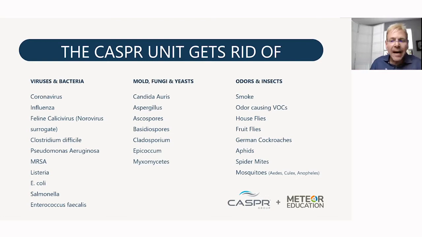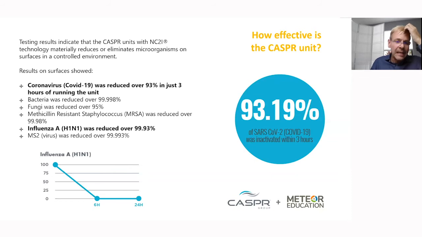By the way, it actually kills insects and other kinds of pests in the air. And again, this is the same kind of technology that hospitals use. It's actually developed by NASA, all right? By the way, right now, the CASPER units actually reduced coronavirus by more than 93% in just 3 hours of running the unit.